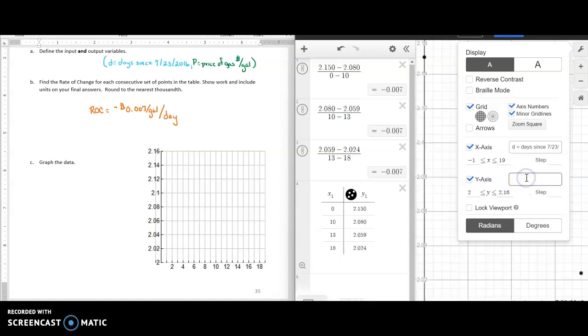And I'm going to label this as P equals the price of gas dollars per gallon. And then I just click off.